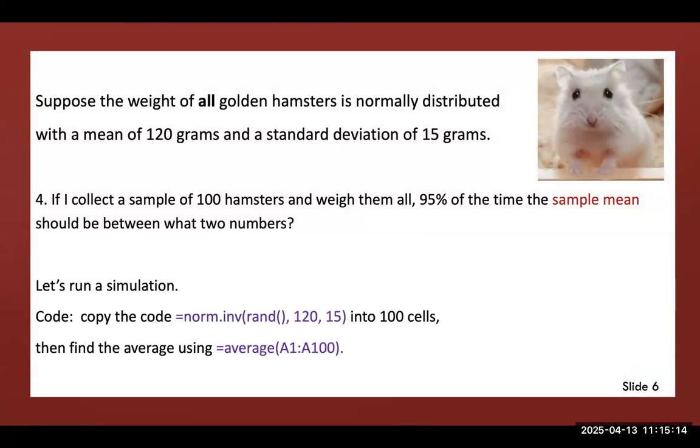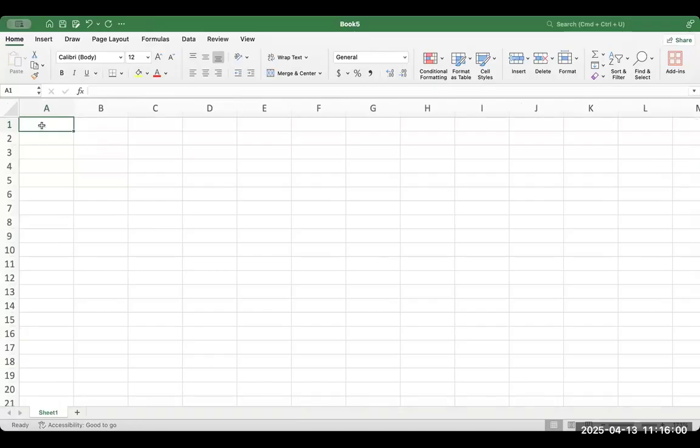So here's the code we're going to use: equals NORM.INV(RAND(), 120, 15), and we're going to copy that into 100 cells. I'm going to put it into A1, and drag it all the way to A100. Then underneath somewhere, we're going to type equals AVERAGE(A1:A100). Okay, so here I am in Microsoft Excel.